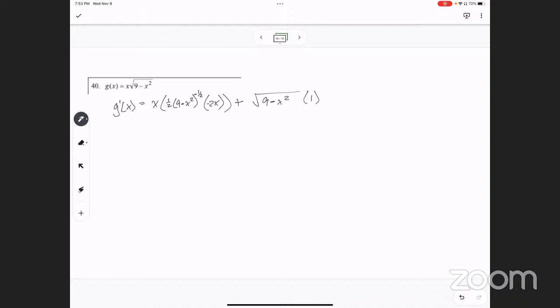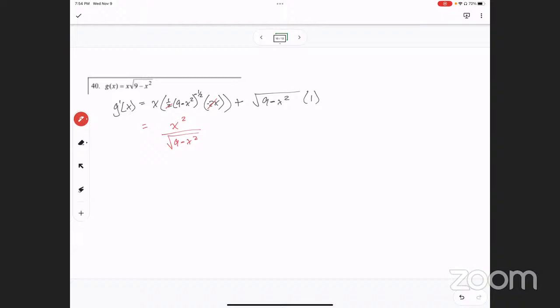So let's simplify that. This is the hardest part of it, perhaps. Let's first cancel some stuff out. That x and that 2 cancel out. So let's just rewrite this. This is going to be x squared over the square root of 9 minus x squared.